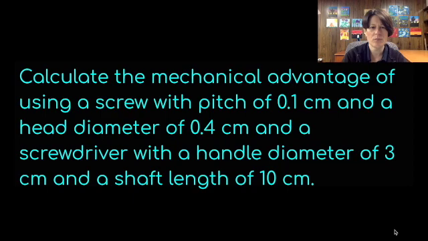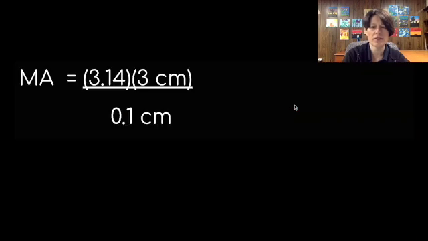Now, if we look at the problem again, we find the numbers that we need. For the circumference, remember, we're going to go with the screwdriver, so we need the diameter of 3 centimeters and the pitch of 0.1 centimeters. So we plug those into our equation.